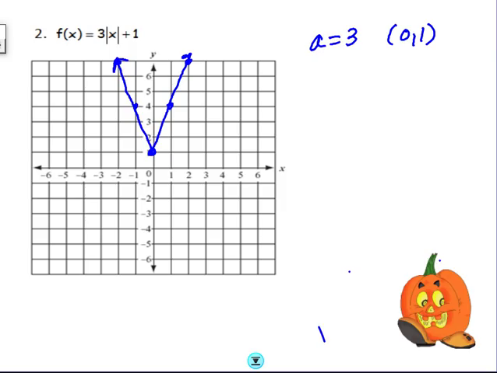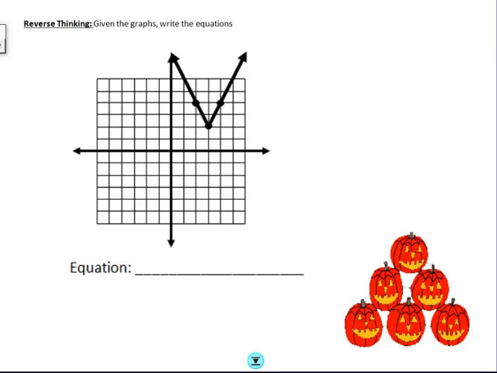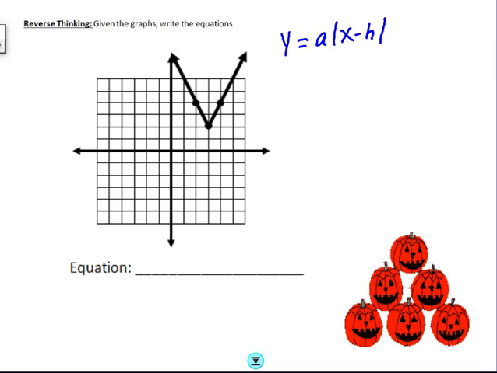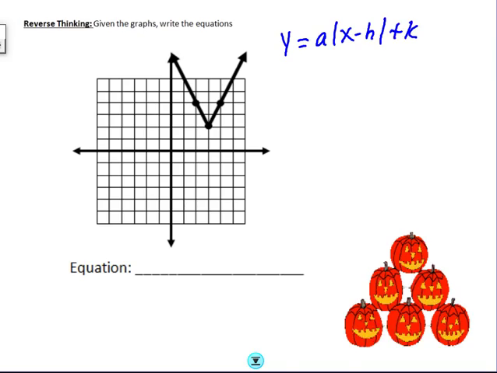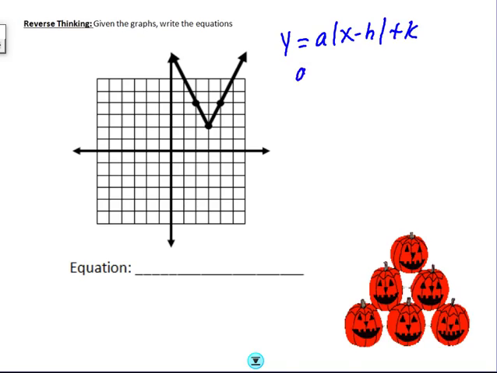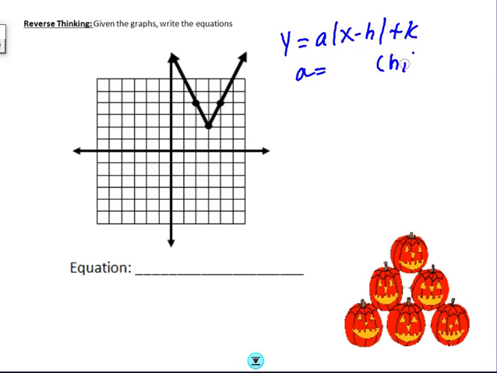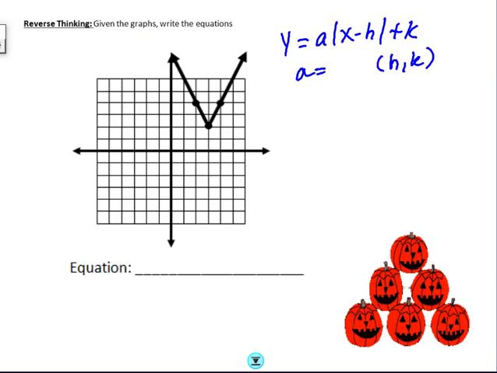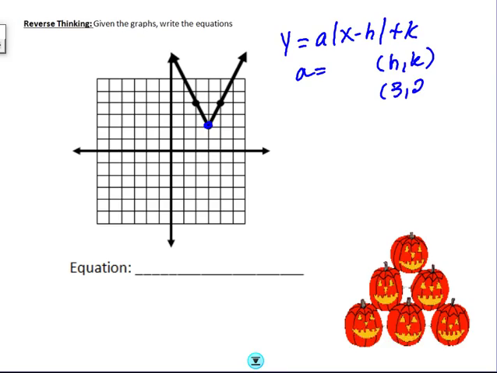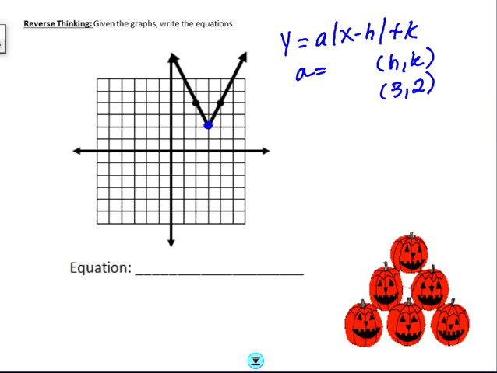Alright, let's go backwards. Given the graph, let's go back and give the equation. Well, you've got to recognize it's an absolute value, so you're going to write down the general form. This is what you have to commit to memory. So we need a and we need h, k. Well, h, k, remember, is our vertex, so it's (3, 2). Right 3, up 2.